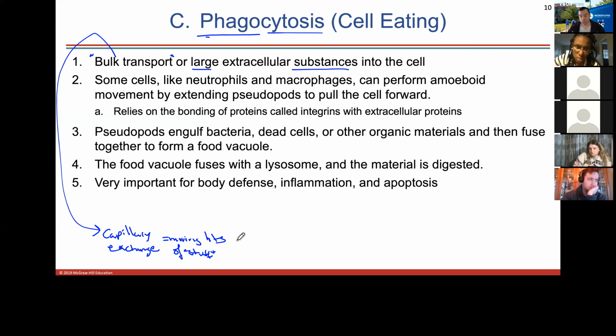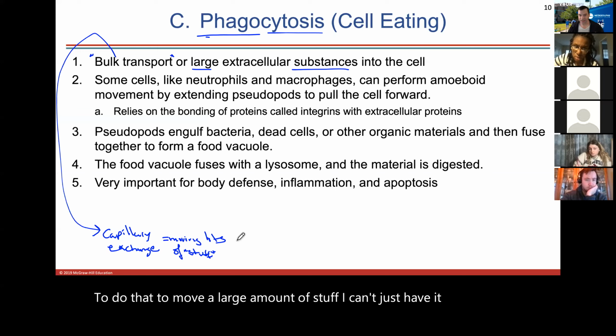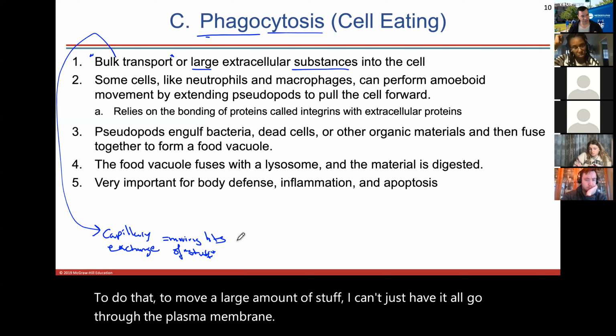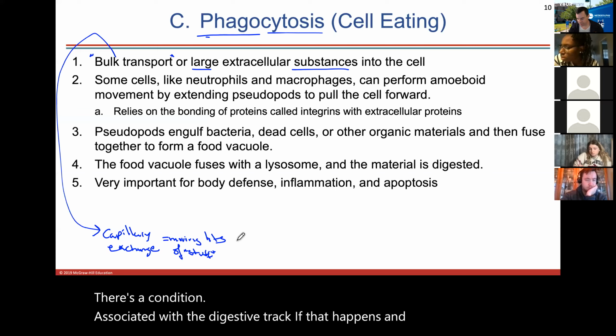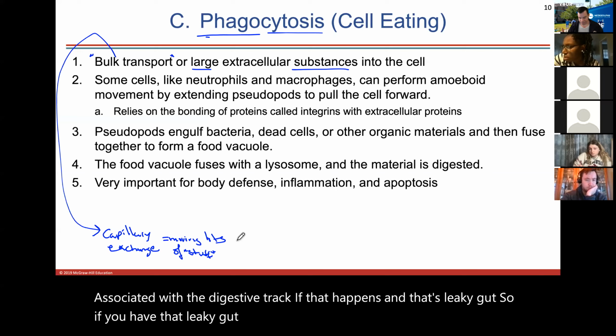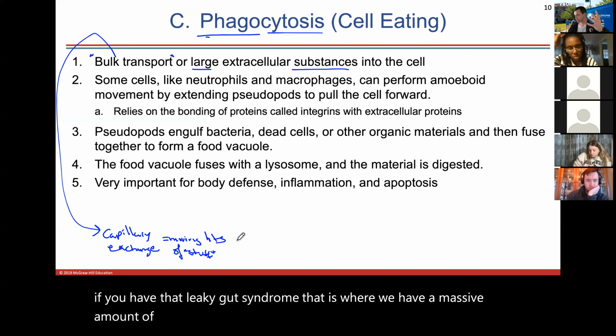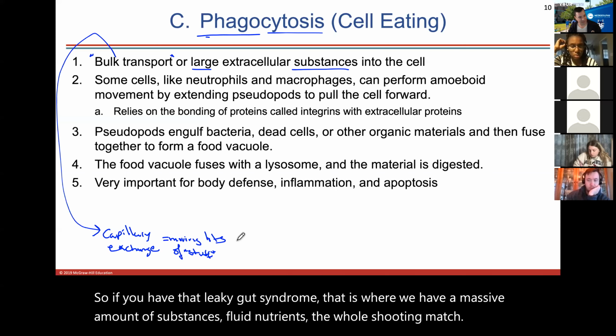To do that, to move a large amount of stuff, I can't just have it all go through the plasma membrane. There's a condition associated with the digestive tract if that happens, and that's leaky gut. So if you have that leaky gut syndrome, that is where we have a massive amount of substances, fluid, nutrients, the whole shooting match, moving through and between cells.